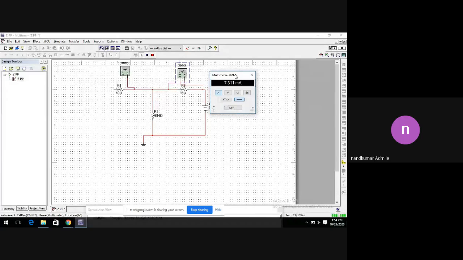Okay, so if we take the voltage source the same, we can get the same values of I1 and I2. So if we change V1 and V2, the values of I1 and I2 also change. Okay, so here we will now change the value of V2. So instead of 5 volt, we can consider the value of V2 as 10 volt. So wait a minute.